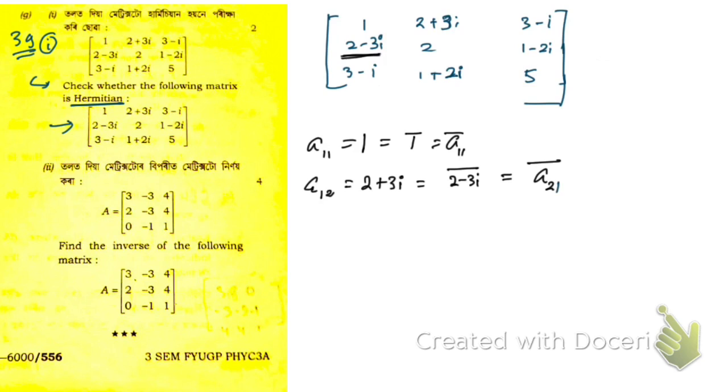Now you see these two elements satisfy the condition aij equals the complex conjugate of aji. Till now it's okay.